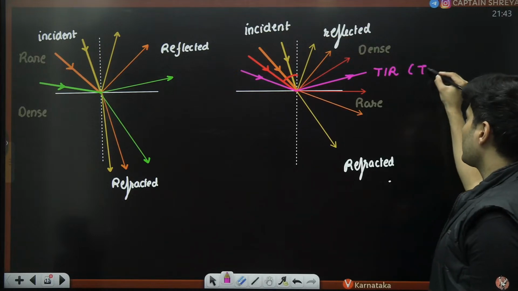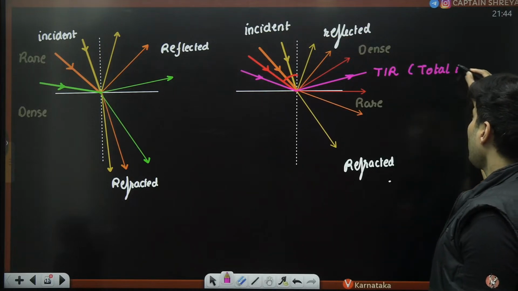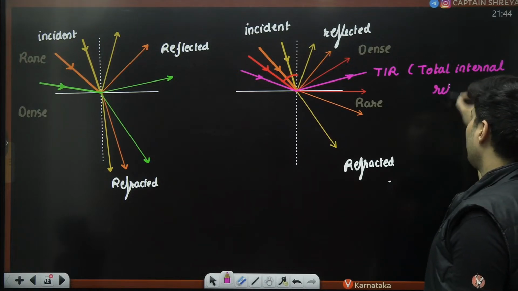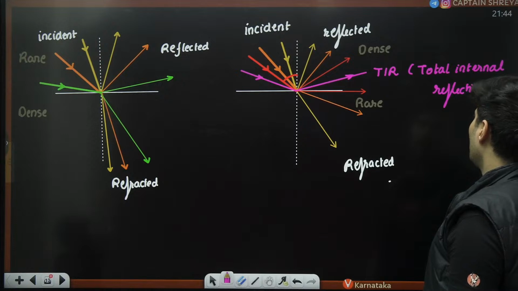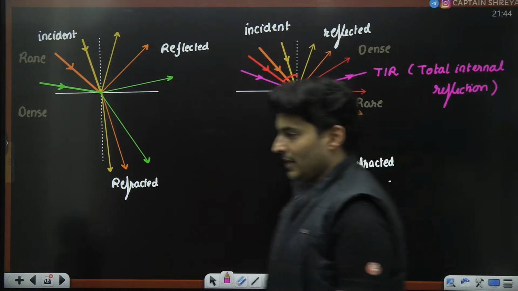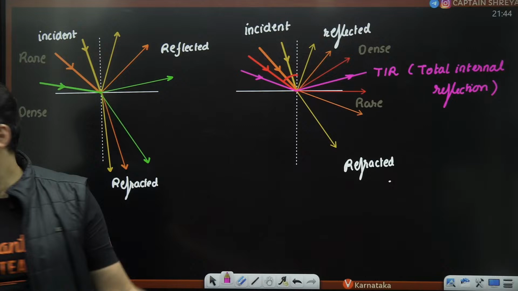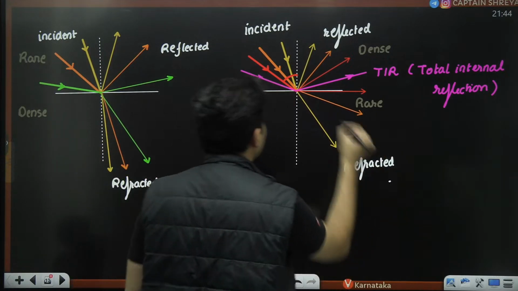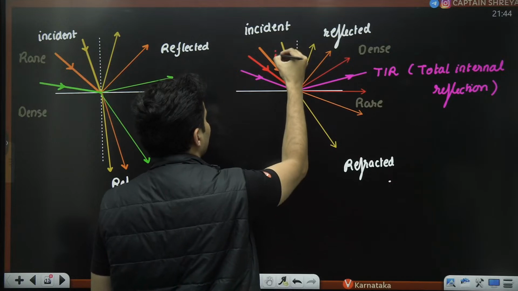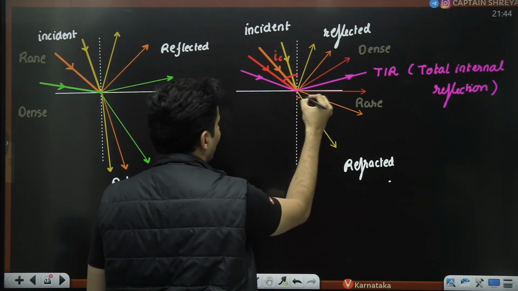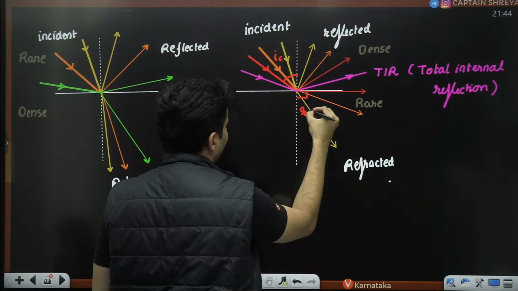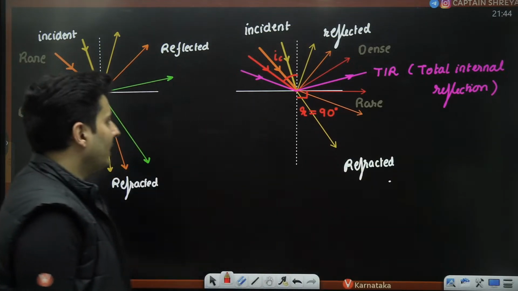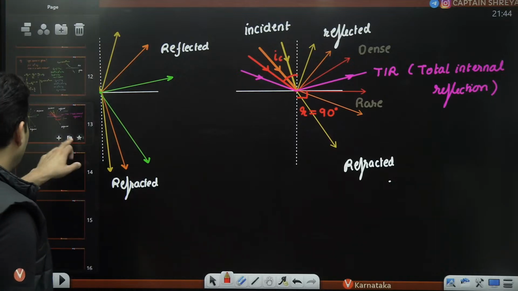This phenomenon is called total internal reflection. Is this clear? So beyond a point, you can't refract it further. And the maximum angle of incidence is then called the critical angle. And then the refracted angle will obviously be 90 degrees.